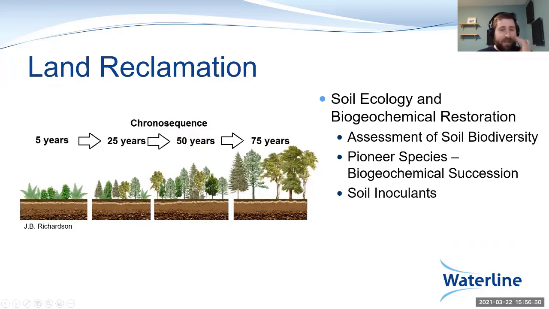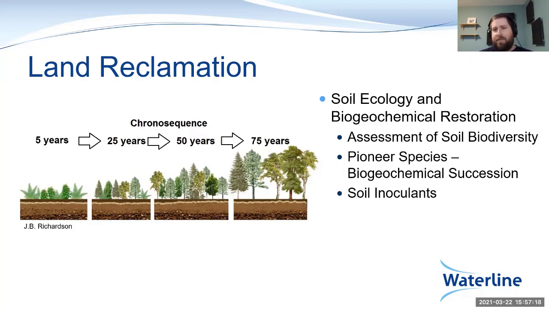So generally speaking, I put this little image up. This is a chronosequence of what land reclamation looks like after a major disturbance, and you're looking at long time scales, right? So you're not looking at, we put the land back, we plant some trees and shrubs, we walk away and everything's fine. It takes quite a while, and 75 years to a mature forest is about right, assuming that nothing's really gone wrong.